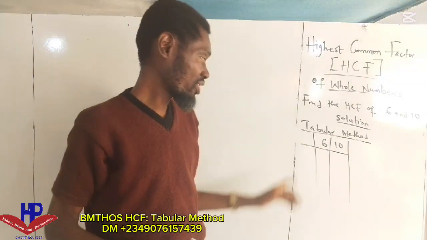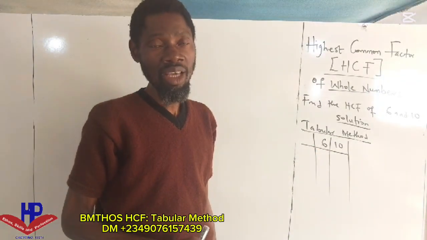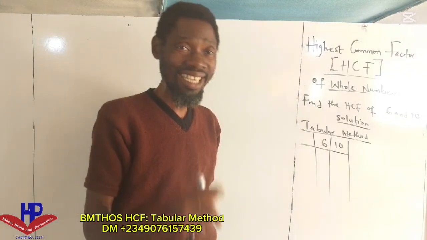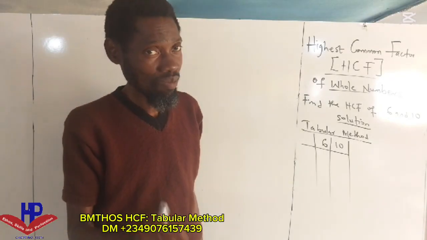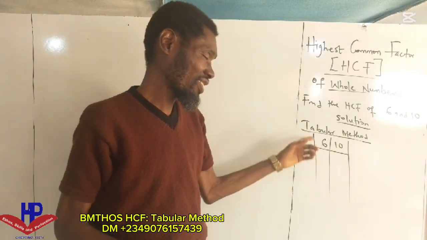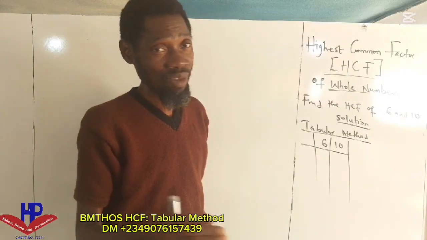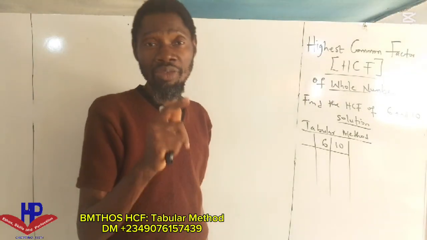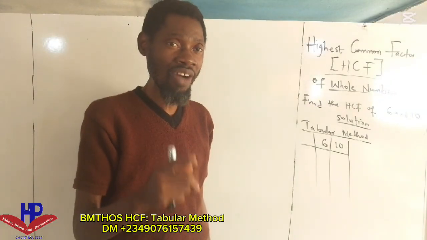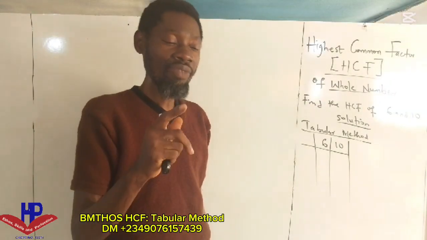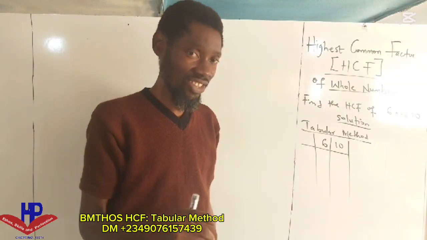Right now we are dealing with 6 and 10. We must find a factor that can divide 6 and 10 at the same time. Not a number that can divide 6 separately, and then another number that can divide 10 separately. No. The number you're using to divide 6 should be able to divide 10, and the number you're using to divide 10 should be able to divide 6.